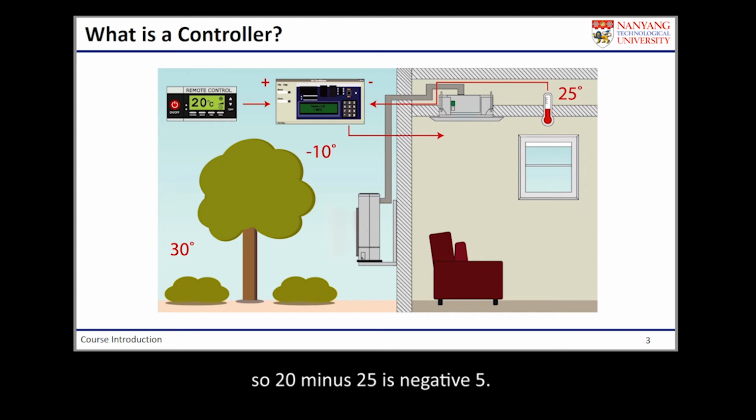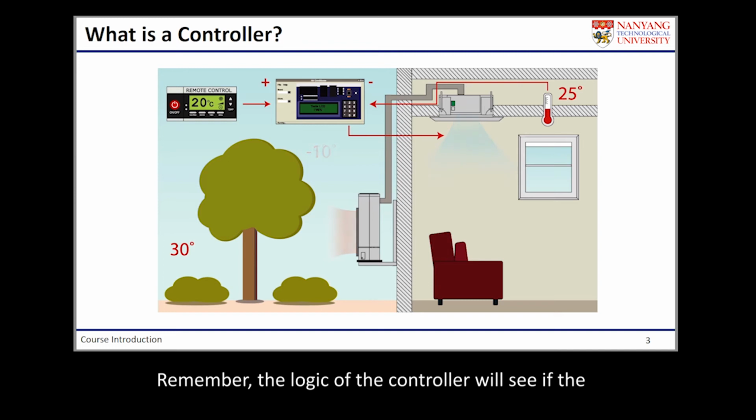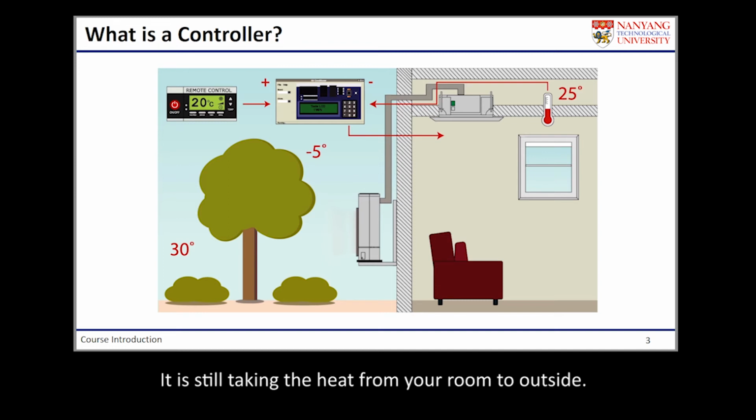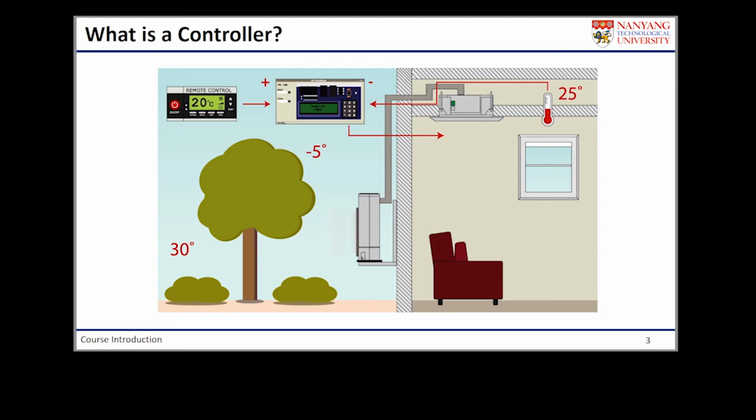So 20 minus 25 is -5. Remember, the logic of the controller says if the difference of these two temperatures is negative, the controller will ask the heat pump to run. So the heat pump is still running, still taking the heat from your room outside.